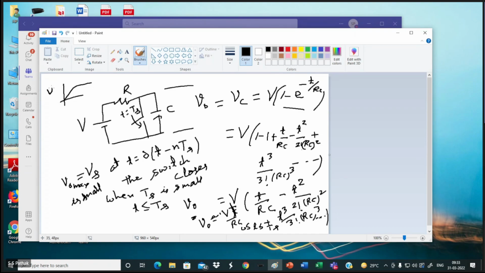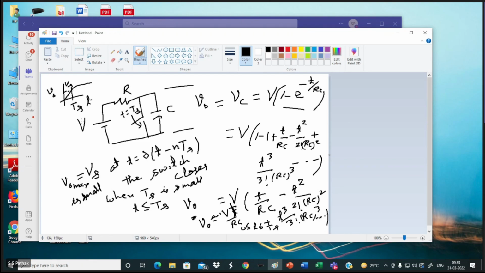This is my V naught. This is my T. So here is my Ts. If Ts is very small, this will be my Vs, the amplitude of the sweep. Slope will be there, of course, controlled by your RC. So this is the first method we have got to realize the sweep, with a very small magnitude. If that is small, that means T is very small, it will be a linear kind of variation.